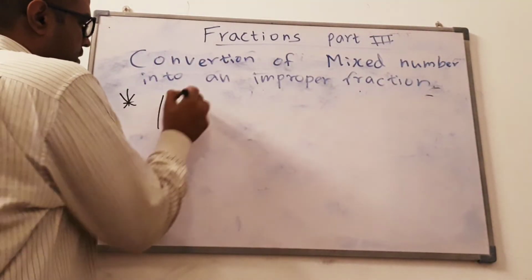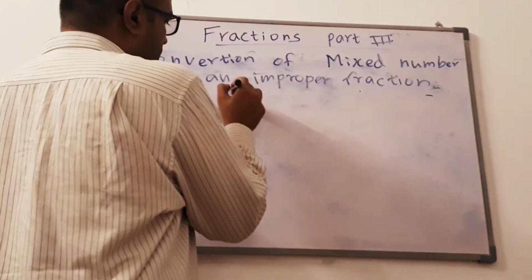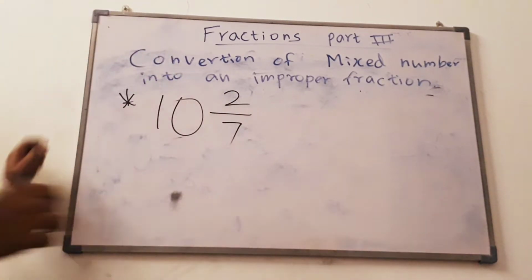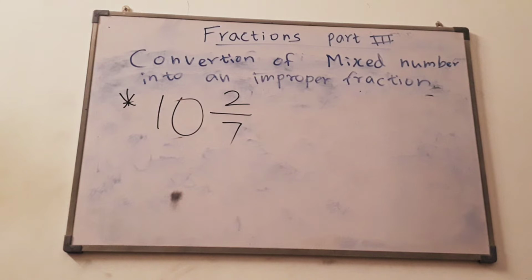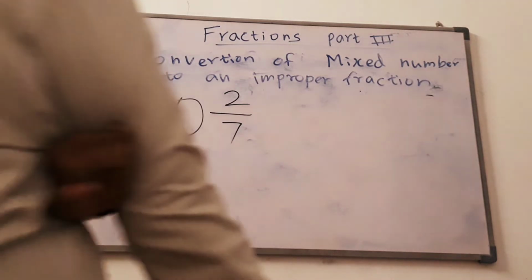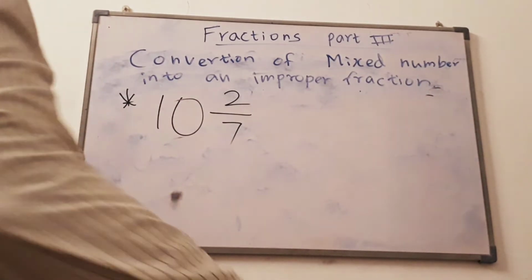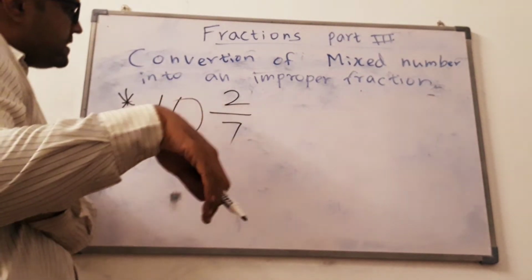Next, 10 and 2 out of 7. How can we do this?